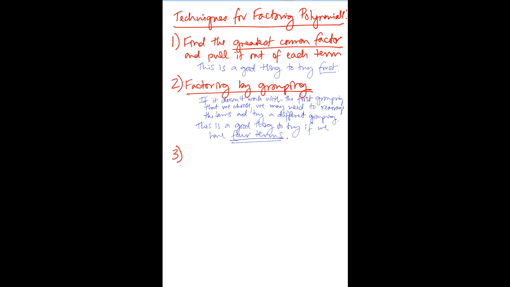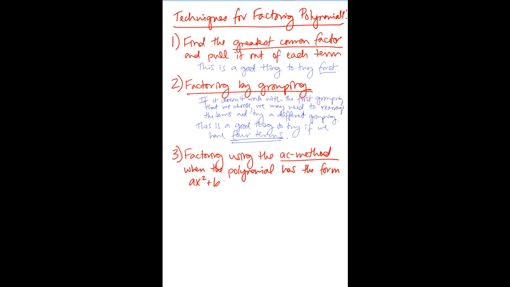Another technique we know is factoring using the AC method. That's what we use when the polynomial has the form ax squared plus bx plus c, or when we can rewrite it in this form.